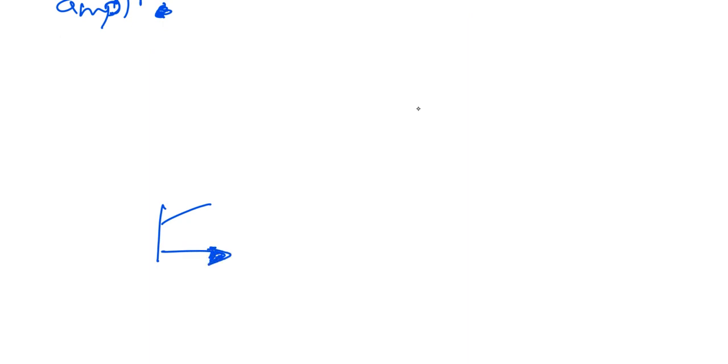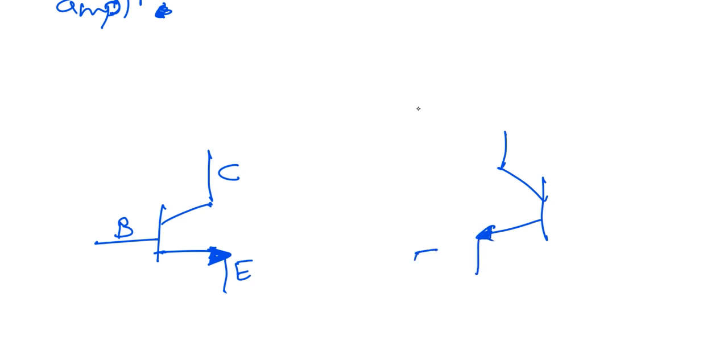The transistor is an NPN transistor; whenever the arrow is outward, it is NPN. The terminals are collector, emitter, and base. I have taken two transistors.